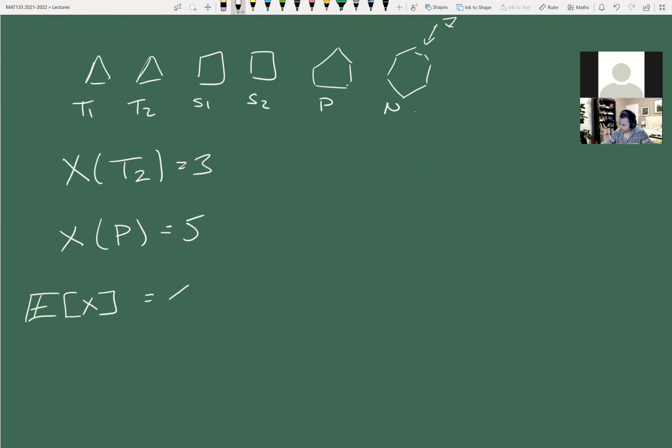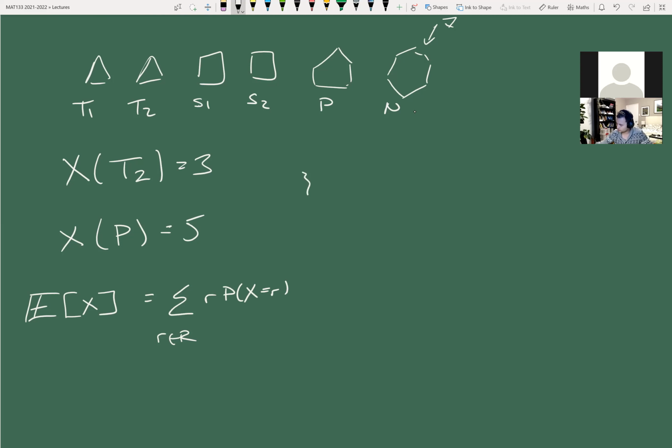Right, there's some sort of formula. It's the sum over r of r times the probability that X is equal to r, where r is in the range of the outcome. So what is the range of this random variable? What are all the possible outputs of this random variable?